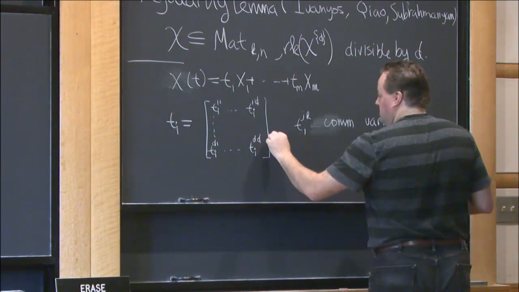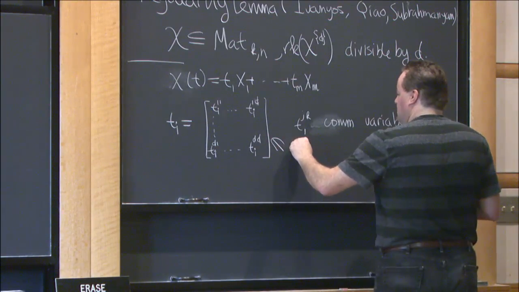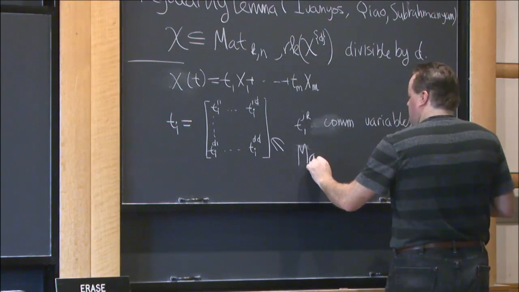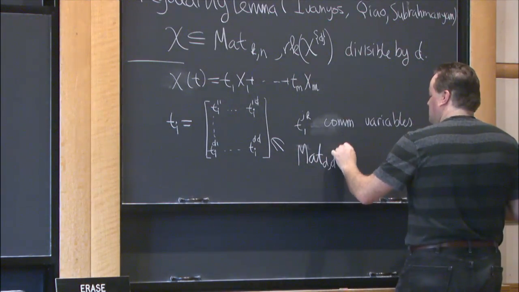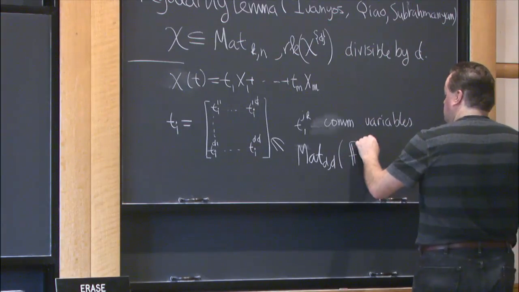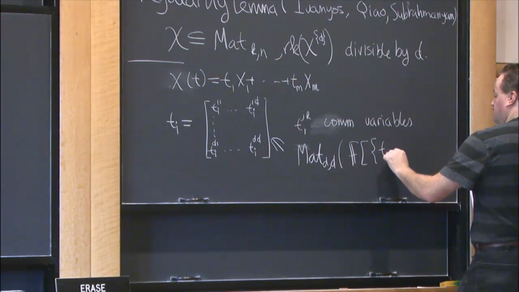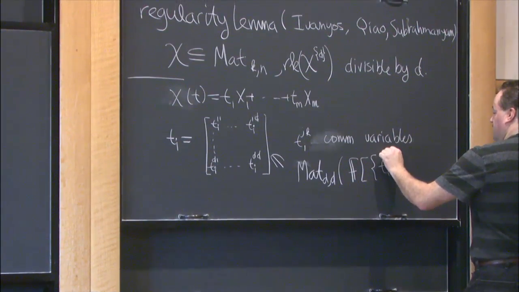And so this matrix lies in the d by d matrices with entries in this commutative ring where you adjoin all the variables.